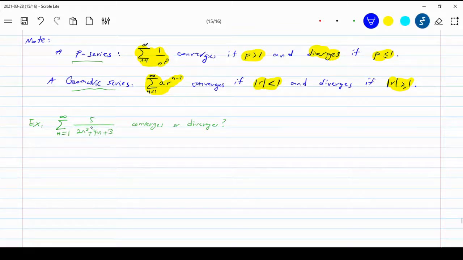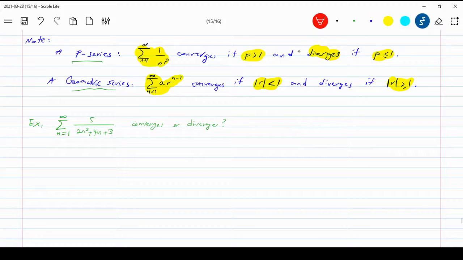In this case, you could apply the integral test, but the issue would be calculating the integral. That would be quite a torture to calculate: the integral of 5 divided by 2x squared plus 4x plus 3 dx. Calculating this integral would be quite difficult, so instead of doing that, we can maybe apply the comparison test.